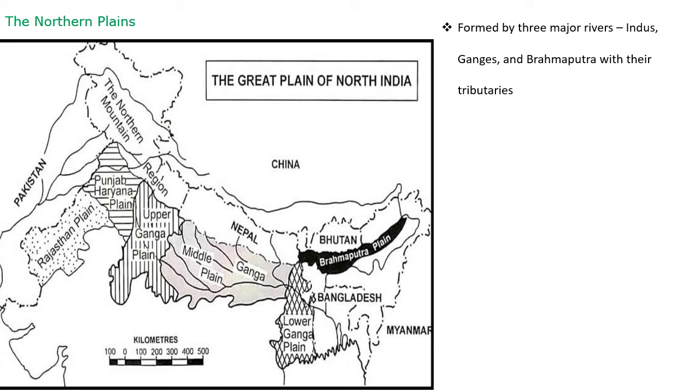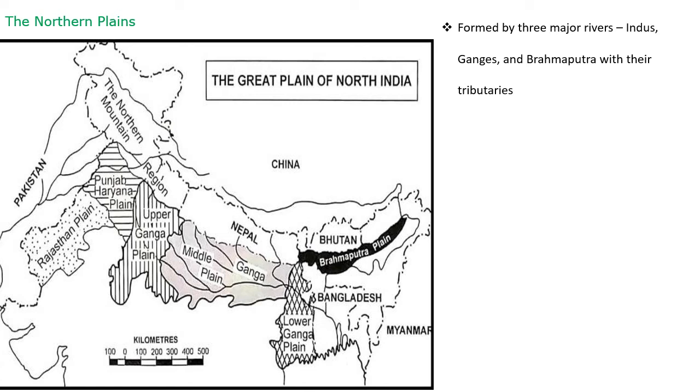The northern plains, as the name indicates, are on the north side of our country, formed by the three major rivers, those are Indus, Ganges and Brahmaputra with their tributaries. These three rivers are perennial rivers which flow throughout the year. As their birthplace is the Himalayas, they have a continuous source of water.